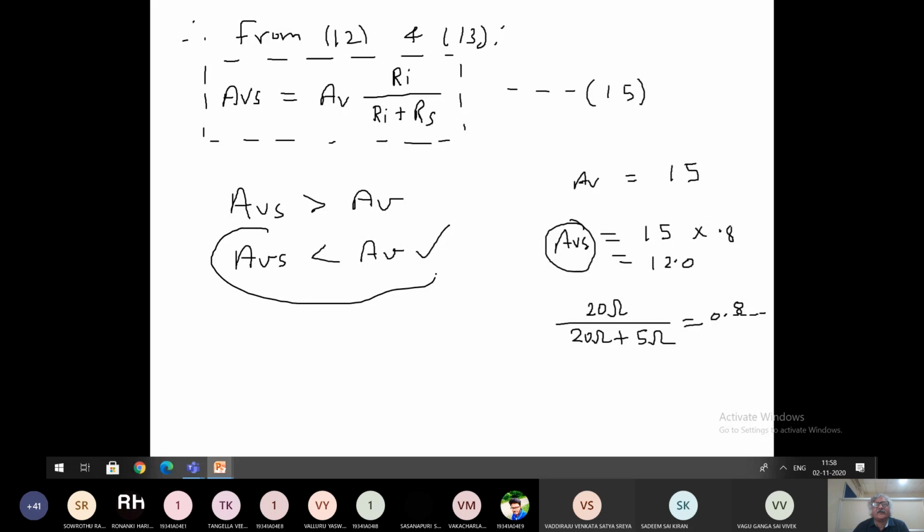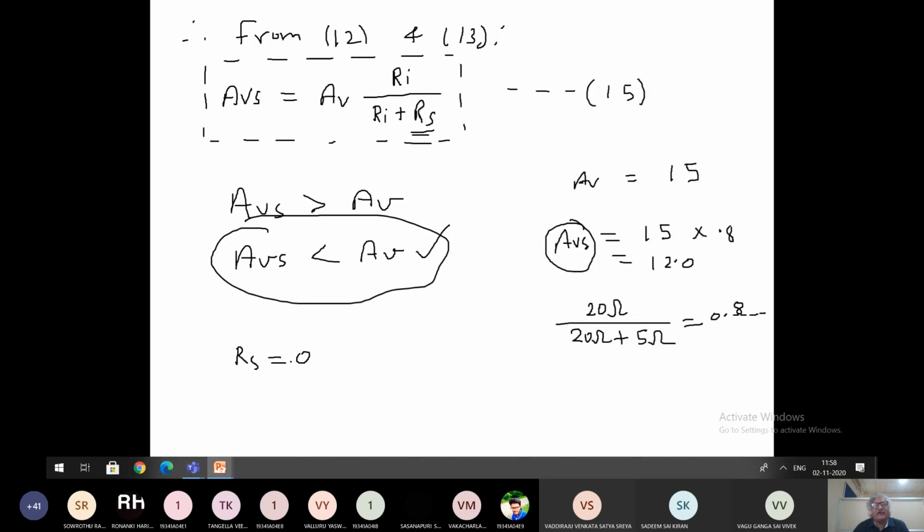You see here, this expression is true. So your overall voltage gain is always less than the internal voltage gain. And why is it happening like this? Because your voltage source has some resistance, this Rs. Ideally, if you make the value of Rs 0, then what will happen?